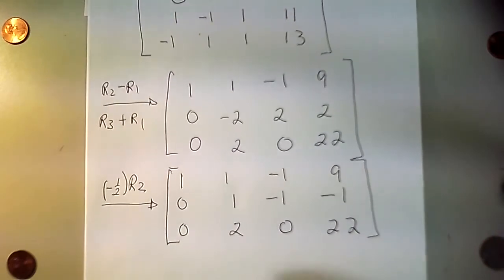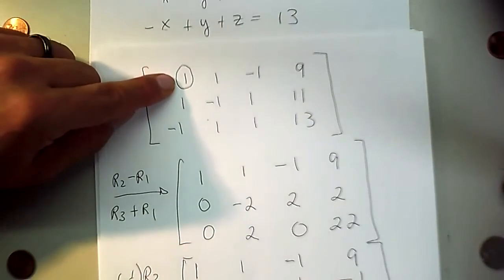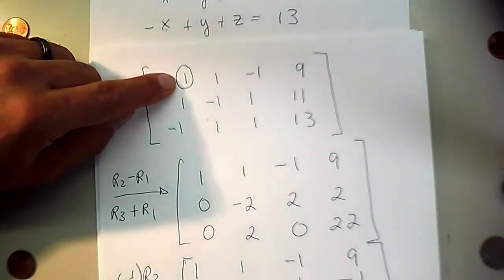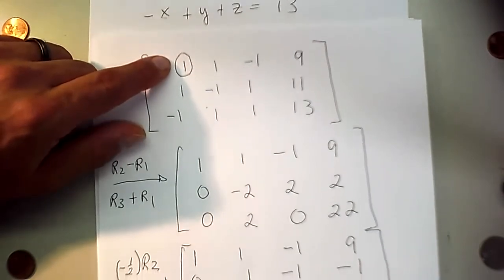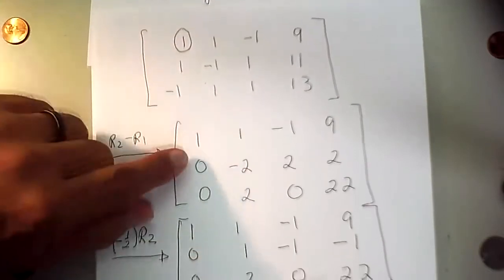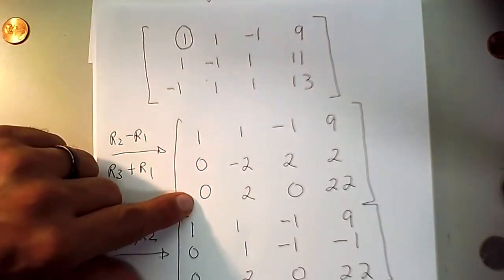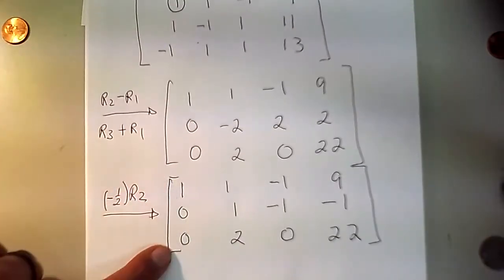Okay. So let me remind you of what's going on. Our first goal is to have a 1 on the upper left corner. We didn't have to work for that. It was already there. Our next goal is to wipe off numbers below that 1. We achieved that. So we got a nice column with 1 and zeros.